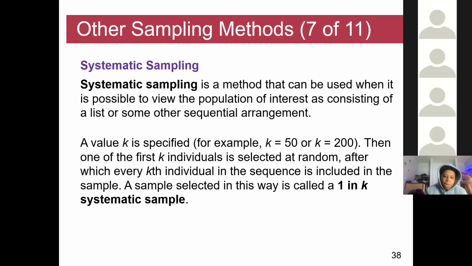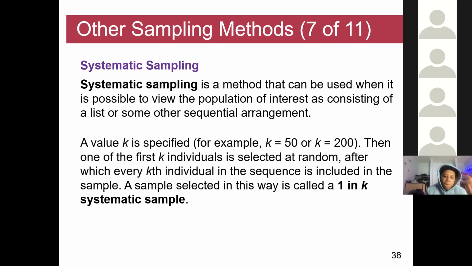We pick a certain number, K, could be 50, could be 200, and then we let the computer pick a number between 1 and K. If K is 50, the computer would pick some number between 1 and 50. Suppose it's 32. That means the 32nd person on the list, or the 32nd box off the assembly line, is the first one selected.